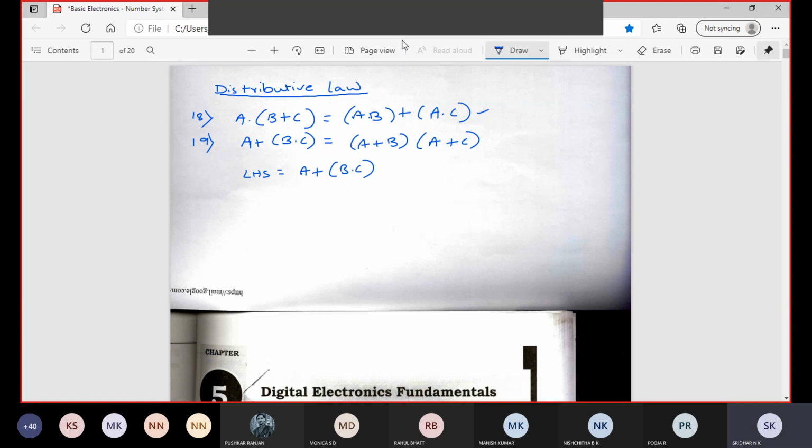Whenever you are dealing with this type of Boolean equations, always see that, for example, here A is alone, correct? A variable is alone. B is associated with C. So try to bring this B and C to A. Let me tell one more thing.